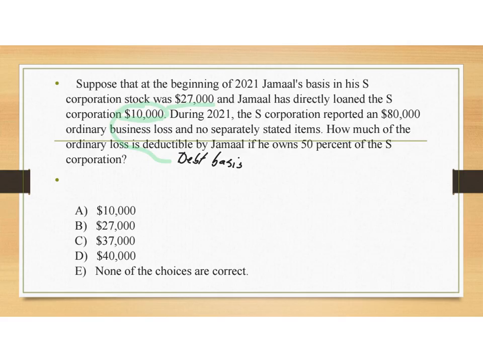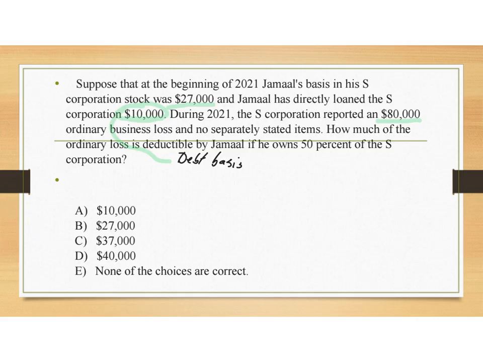So during 2021, the S Corporation reported an $80,000 ordinary business loss and no separately stated items. How much of the loss is deductible by Jamal if he owns 50% of the S Corporation?